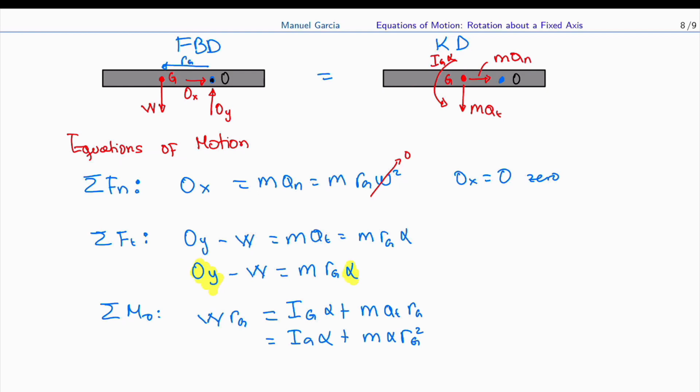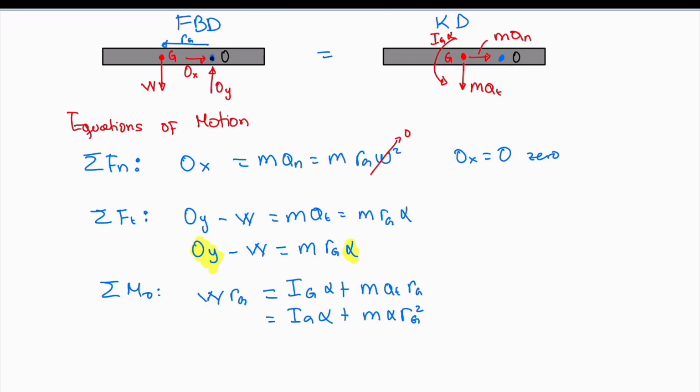So we can put this in numbers. Let's expand this a little bit before. W multiplied by Rg equal to the moment of inertia with respect to G. The moment of inertia of this rod, according to the tables, is ml squared divided by 12 multiplied by alpha, but I'm going to factorize alpha because I have alpha at both sides, plus the mass multiplied by Rg squared, and this multiplied by alpha.